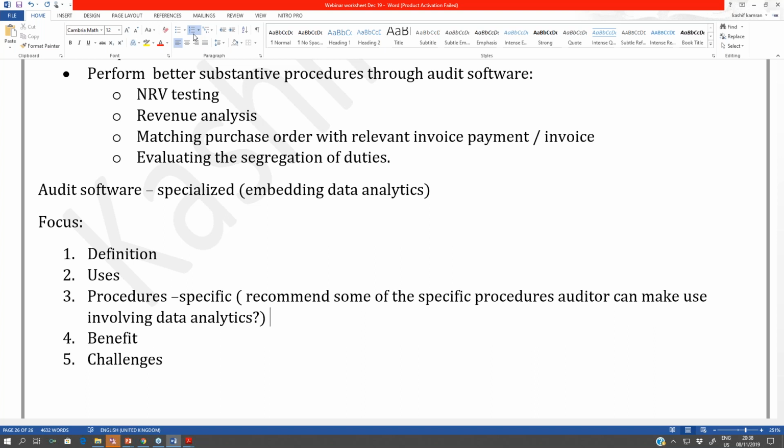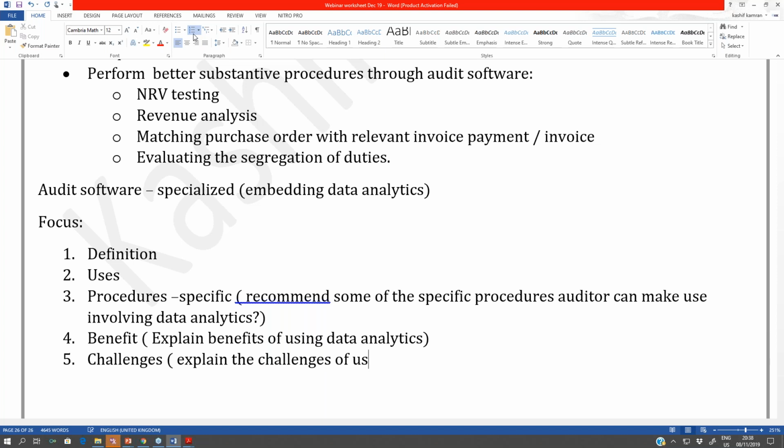Right. And what if the question comes in the exam paper asking you, explain the benefits of using data analytics? Or what if the question asks, explain the challenges of using data analytics by the audit firm?